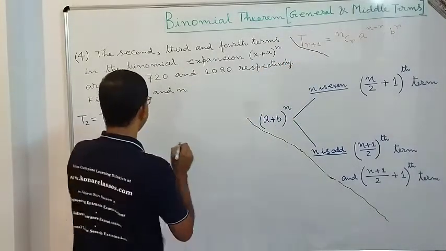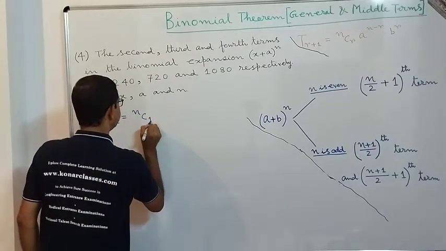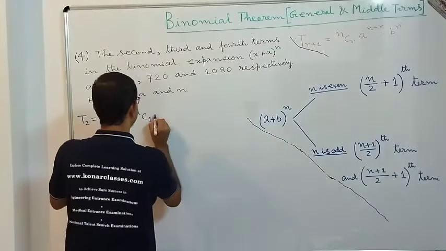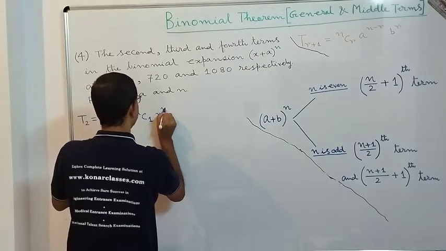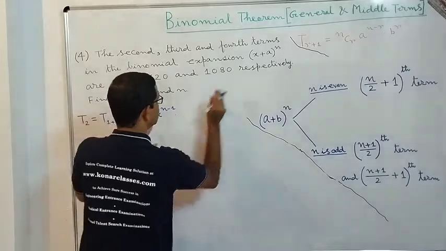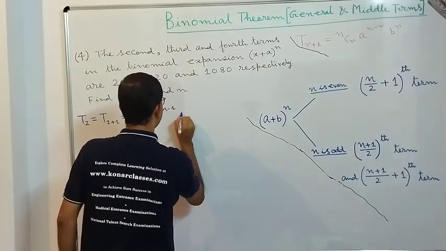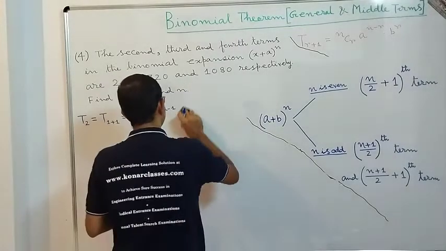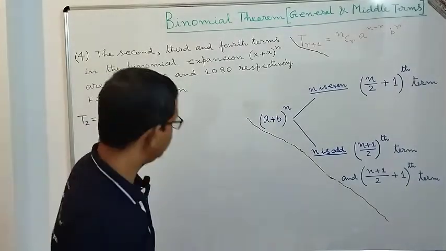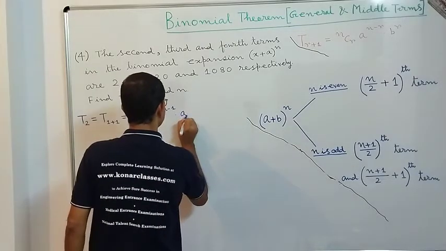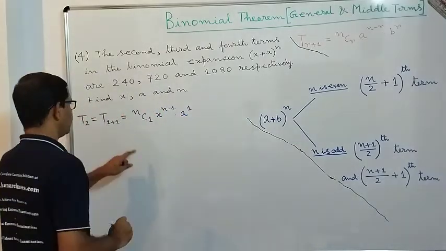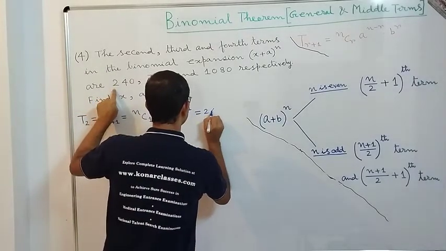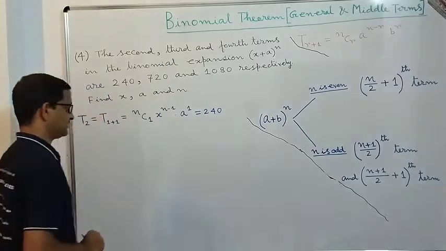That means it is nc1 into x power n minus 1, since a is x here, into, b is a, so into a power 1, correct? And according to the question, this value is equal to 240.